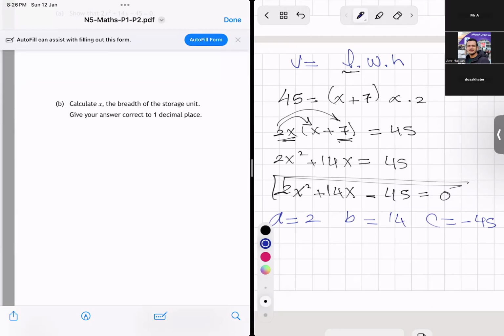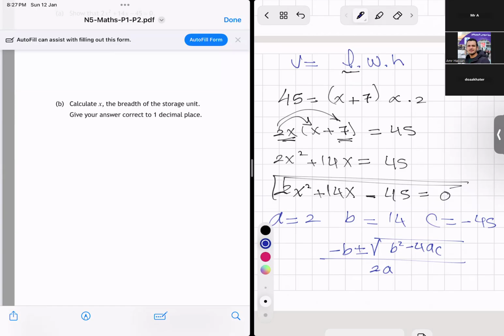So what is the general formula? It's negative B, positive or negative, square root of the discriminant, B squared minus 4AC, divided by 2 times A. You're right.